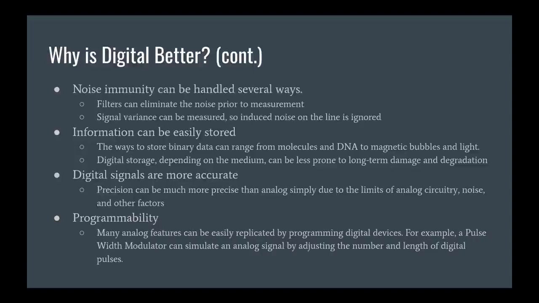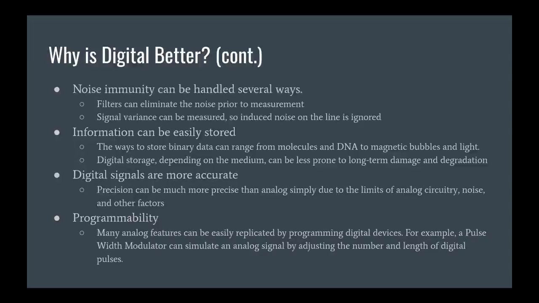Digital signals are more accurate. Now, you can debate that because analog signals are infinite and they're able to hold data, but there's a limit to the inherent precision that you can get from an analog circuit, which is usually about 3 decimal places.